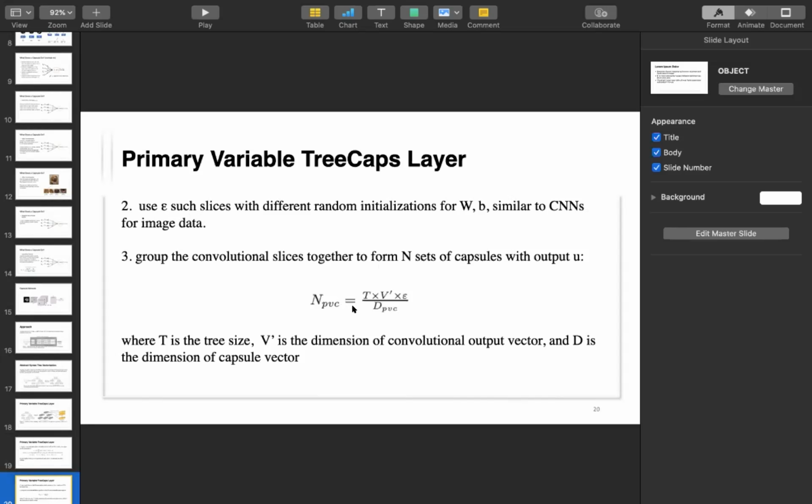So here, how do we calculate n? We use T, the tree size, and V prime is the dimension of the convolutional output vector, epsilon is the number of convolutional windows, and D is the dimension of the capsule vector.